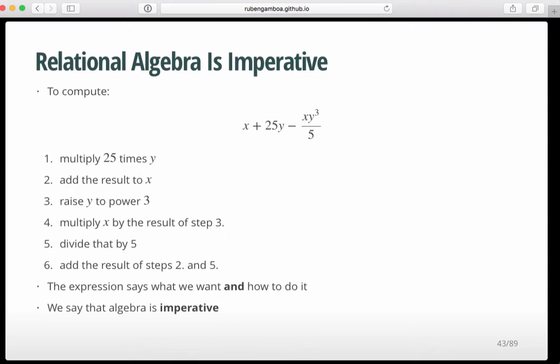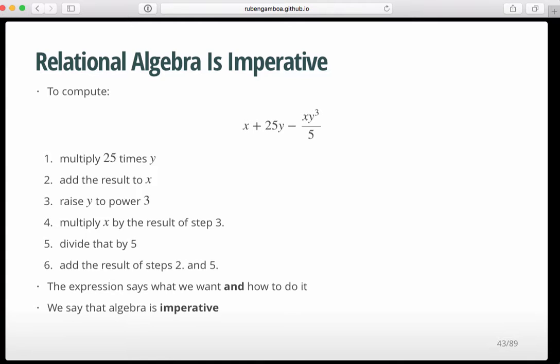So in this case, for example, we would say, oh, the way that you should do this is multiply y by 25 and take the result of that and add it to x. Then what I want you to do is take the value of y and raise it to the third power, take the result of that, multiply by x, and divide the result of that by 5.